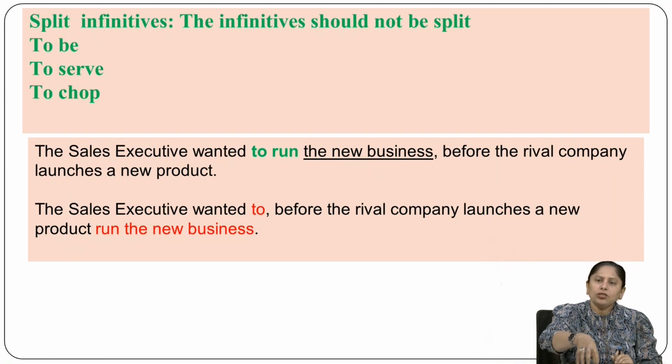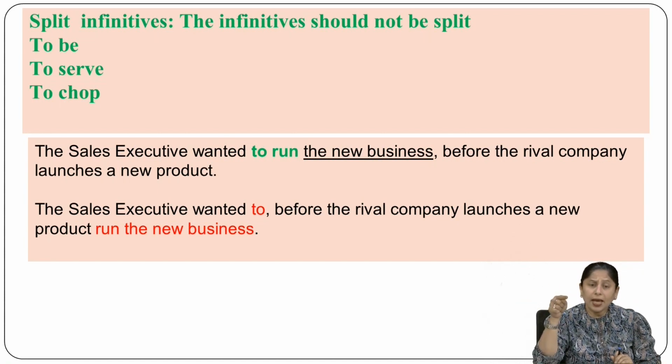So to run the new business before the rival company launches a new product, this whole phrase is kept in the middle of the sentence, and then there comes the verb run the new business. So this is merely splitting of the infinitive, which must be eliminated.